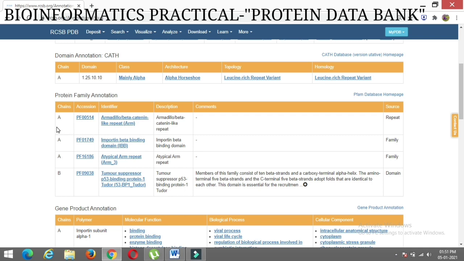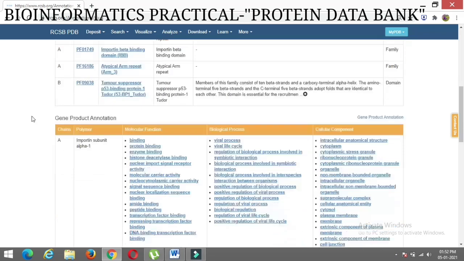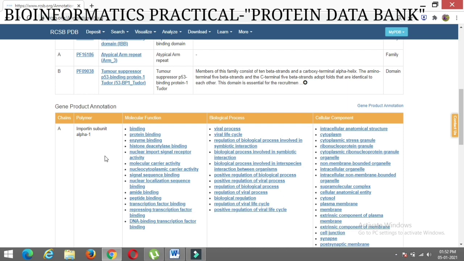Here we have seen that this protein contains two unique protein chains, the A chain and the B chain, but the B chain has no variation, while the A chain has many variations. In this case the A chain has 3 variations with accession numbers, and these have 3 domains which are responsible for different functions, and this is the gene product annotation.